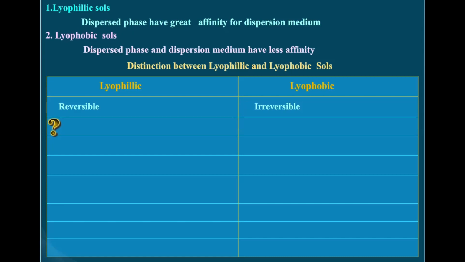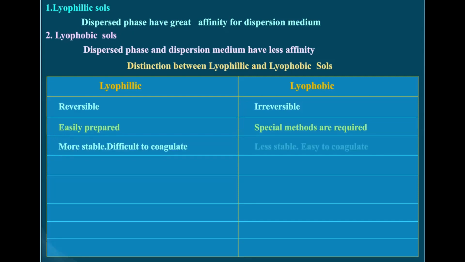Once they are made, they cannot be reversed, and that is why they are irreversible. As I told you, lyophilic sols can be easily prepared, while for lyophobic, special methods are used. The next very important characteristic of lyophilic sols is that they are more stable and do not coagulate.